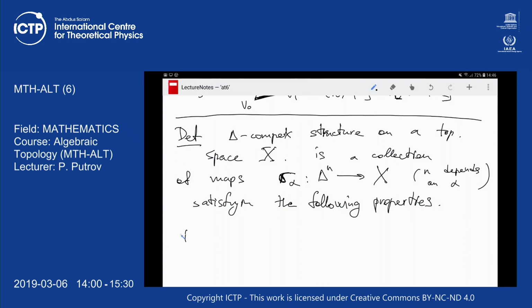But in any case, the first condition is that if you restrict each sigma alpha to the interior of the simplex, where the interior is the simplex itself minus its boundary, it should be injective.